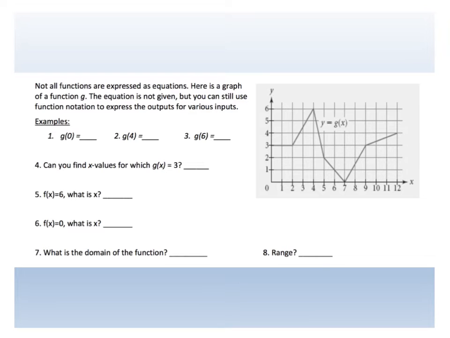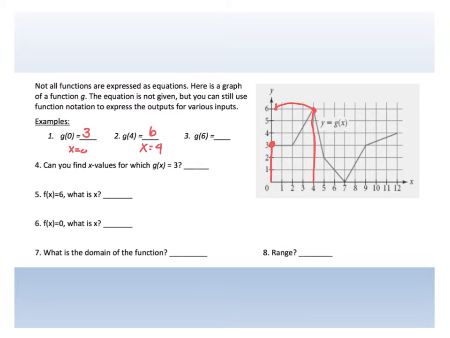Examples we have, and I'll do them in red. It says g of 0. What does it equal? That basically tells you that x is equal to 0. So if x is equal to 0, it touches there, right? So that would be 3. G of 4 basically tells you that x is equal to 4. So if x is equal to 4 right there, it touches it right there, which happens to be 6.